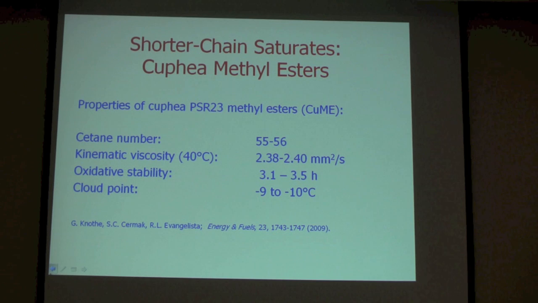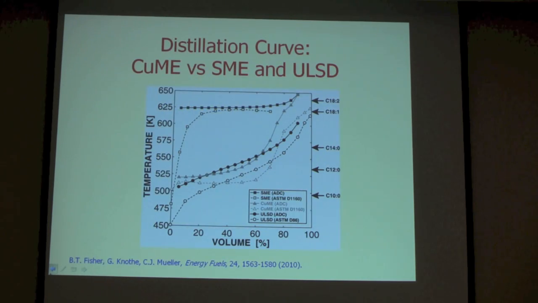That's, at least for some parts of this country, still a big deal, but maybe they don't cool down that much in winter. And obviously, compared to some biodiesel, it's about a 9 to 10 degrees Celsius improvement. Next slide, please. And we've had some collaboration with some individuals at Sandia and some others on that.